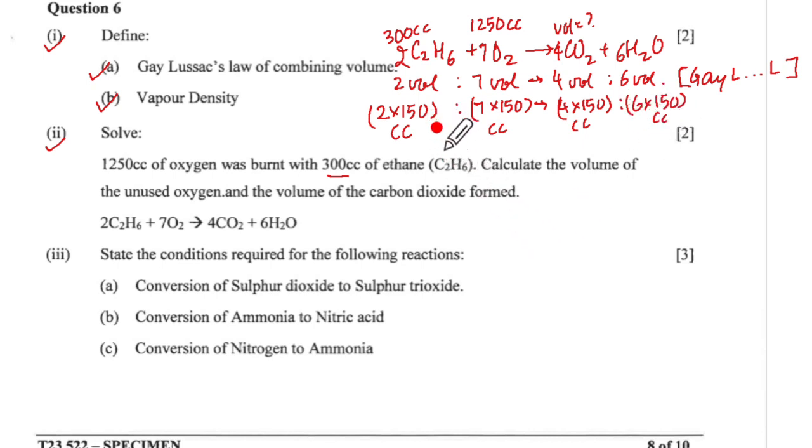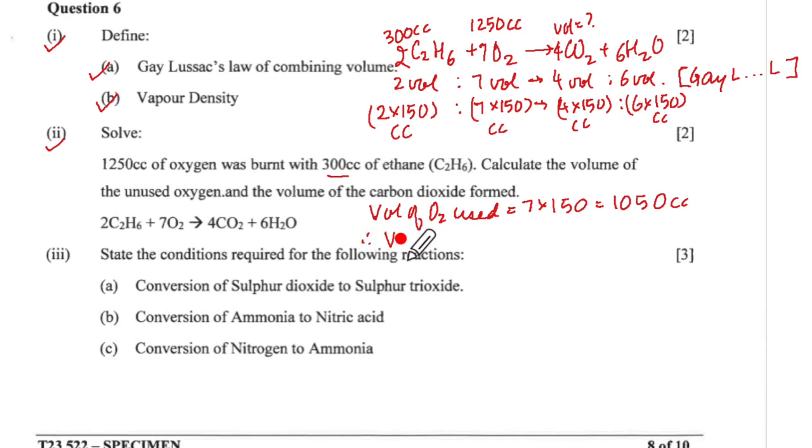Okay. Now we are asked the unused oxygen. So we will say volume of oxygen used will be 7 into 150, that is 1050 cc.